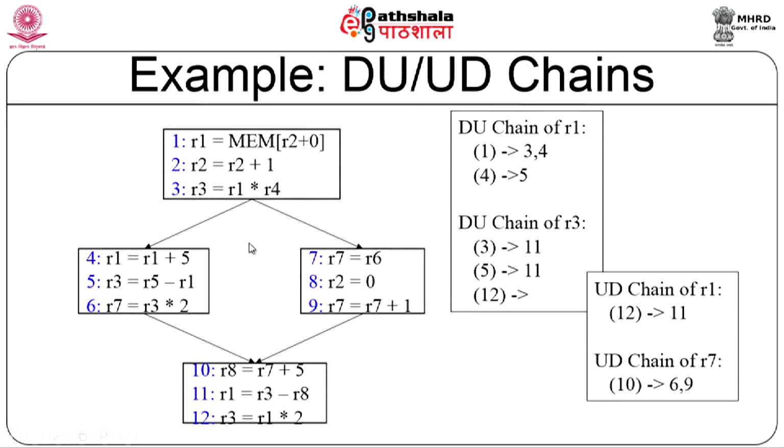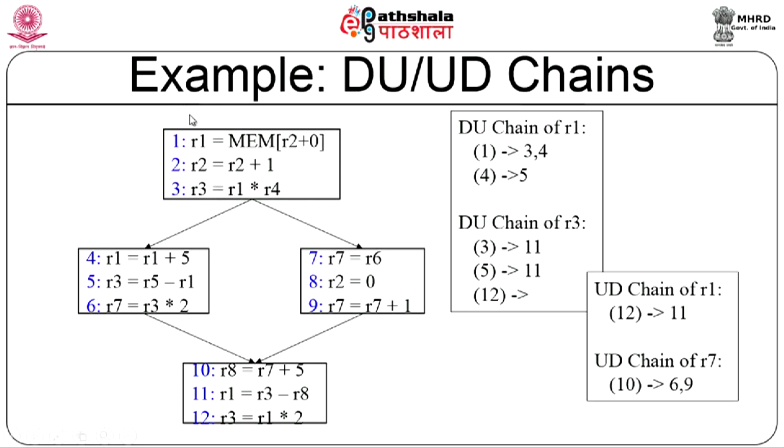This is from another textbook where I have R1 is equal to memory of R2 plus 0, R2 is equal to R2 plus R1, and R3 is equal to R1 into R4. Now, look at these three: they are definitions of R1, R2 and R3. As you can see, the third statement uses R1.